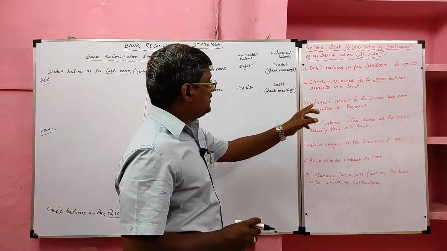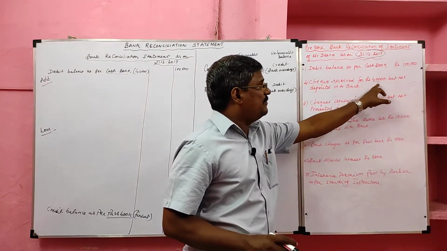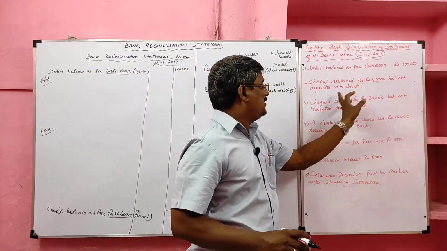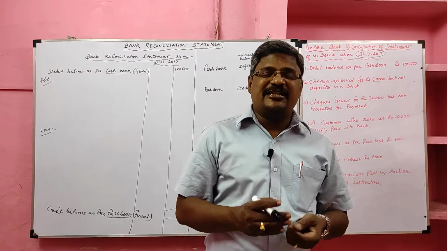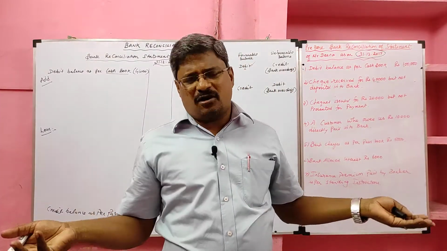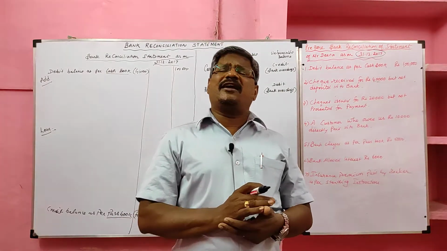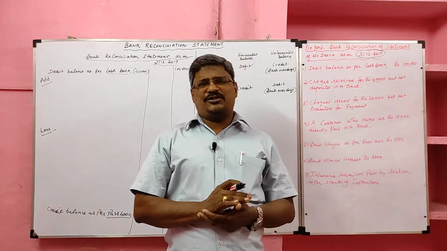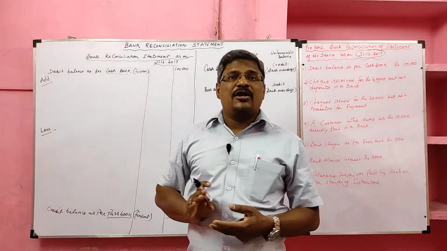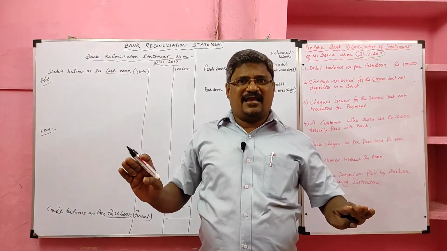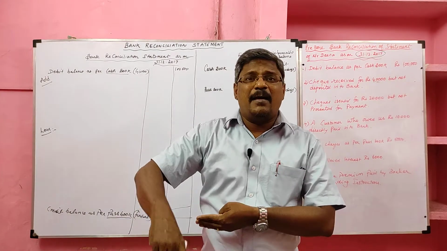So where did the transaction take place? Cheque received for rupees 40,000 but not deposited into the bank. It took place in the cash book, where it was added. Actually our cash book balance is given, so now we have to cancel the cash book entry, then only we will get the passbook balance.